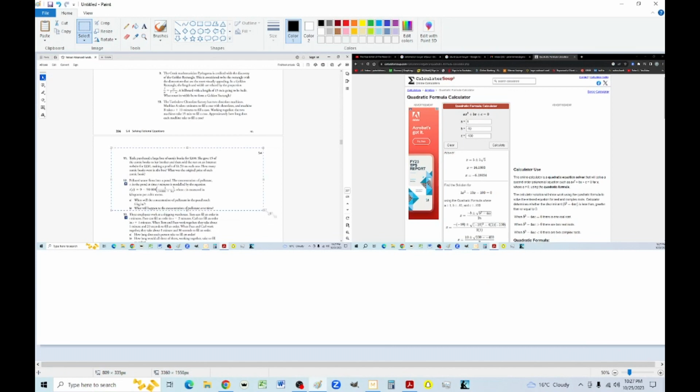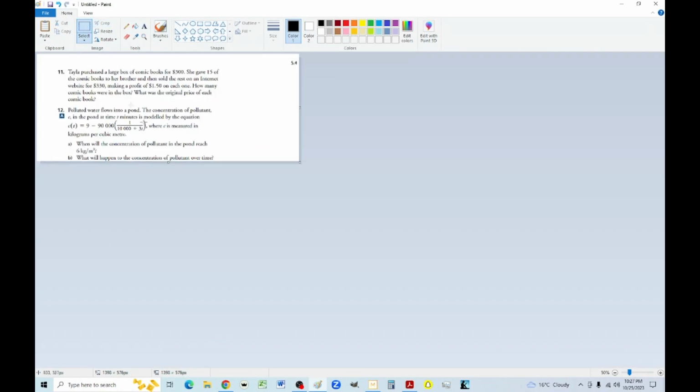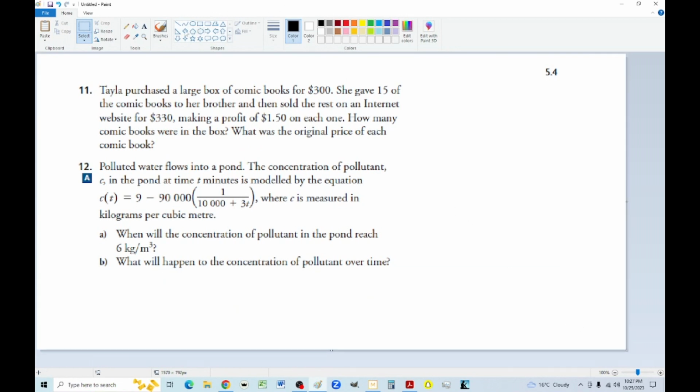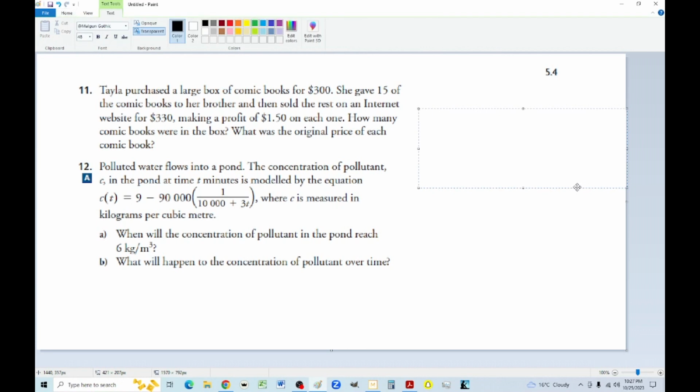We'll just start with 11 and 12. Okay, you buy a large box of comics for 300. So let's say the price times X is equal to 300, where X is the number of comic books and P is the price you paid.